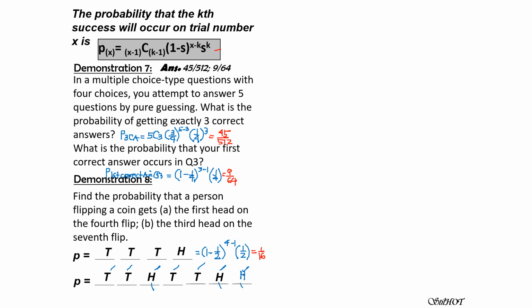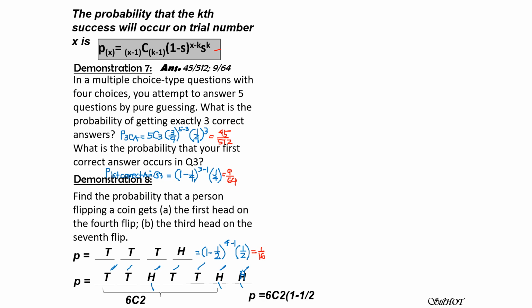So if you use the formula, it will be 6 combination 2, 1 minus s raised to, so that's 6 combination 2, the meaning 6 trials taken 2 at a time, because we need these 2 heads. Then probability of failure 1 minus s, the power should be 4, because there are 4 tails here before the 7th trial, and the power should be 4, but if you use the formula, it should be 7 minus 3, where 3 is 3 successes.